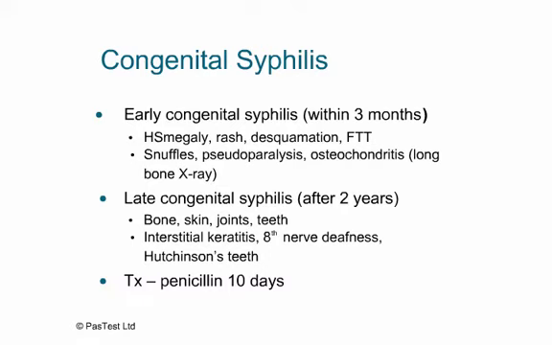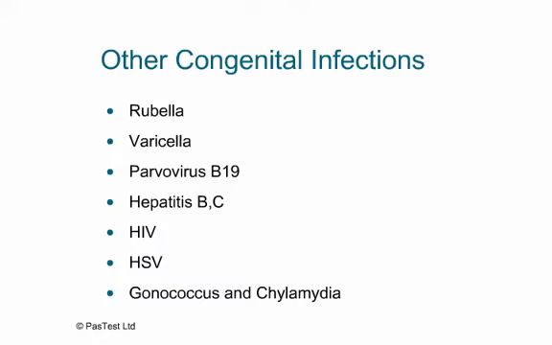Moving on from syphilis, there are several other congenital infections to consider. This list is not exhaustive, but just contains some other conditions that it's worth thinking about. Congenital rubella is very rare now in the UK. The classical clinical presentation is very widespread, but includes cardiac defects, that's septal defects and pulmonary stenosis typically, persistent ductus arteriosus.